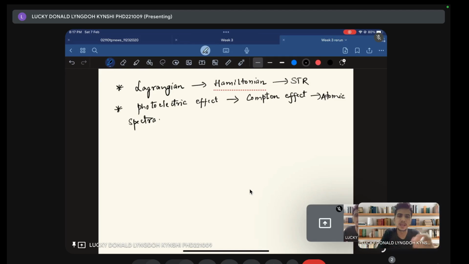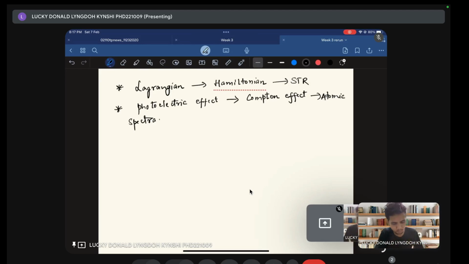Instead of considering light as a wave, we also consider light as a particle. That's why we introduced the formula h nu, to be able to explain phenomena such as the photoelectric effect, Compton effect, as well as atomic spectra. That was what we did in the last two classes.